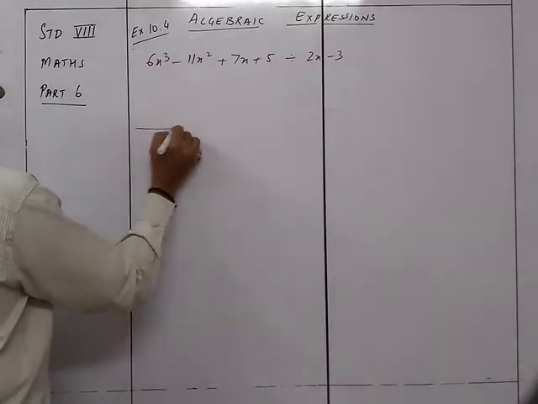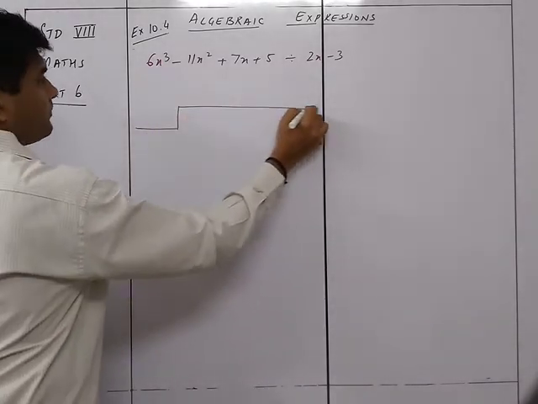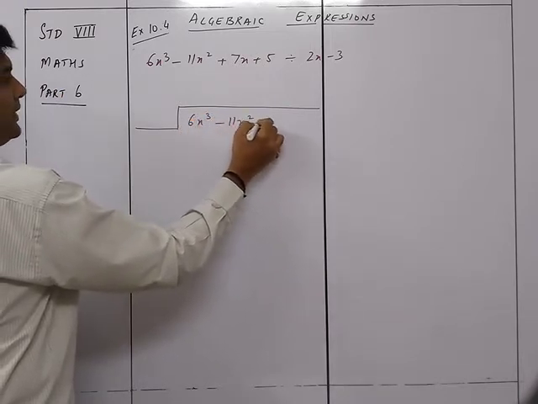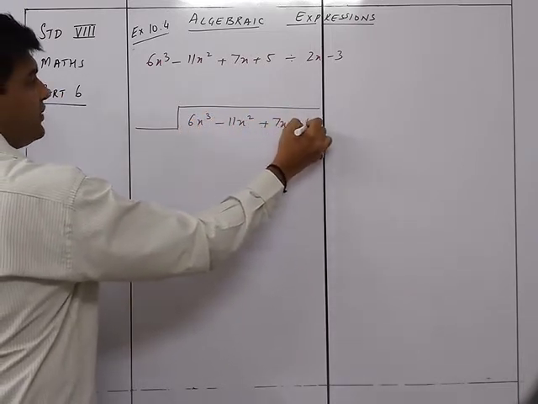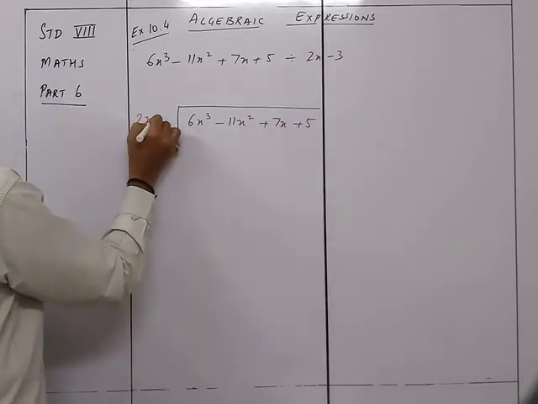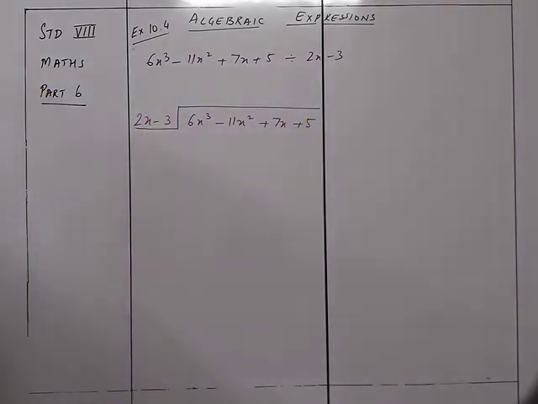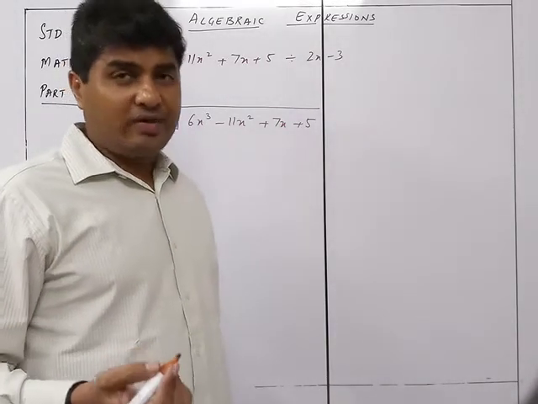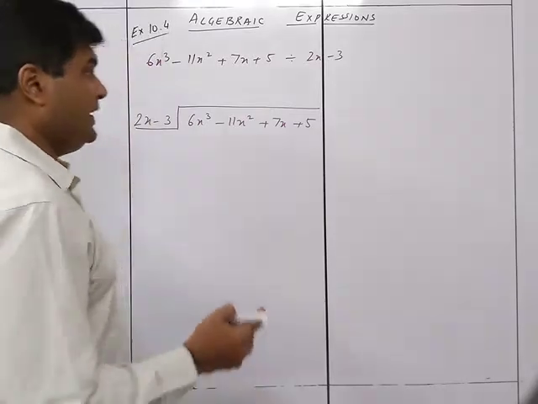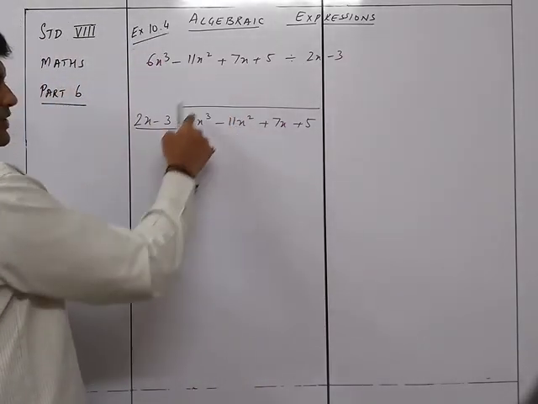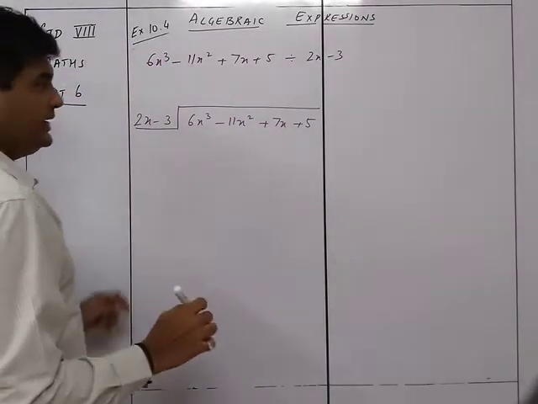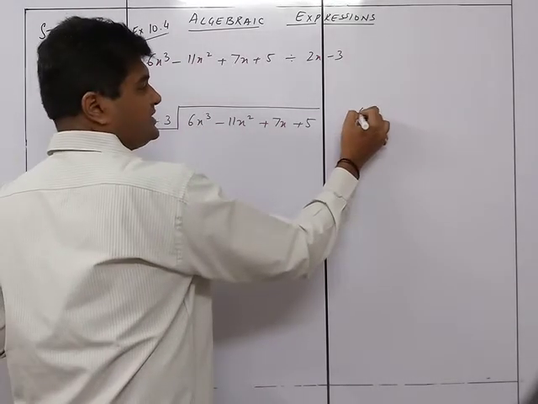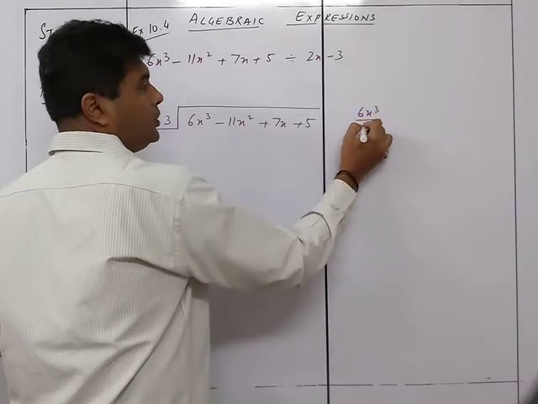So basically what we write is 6x cube minus 11x square plus 7x plus 5 divided by 2x minus 3. Now let's start dividing. We need some multiplication factor so that we get something like this. We take the first term here and the first term here, that is 6x cube upon 2x.